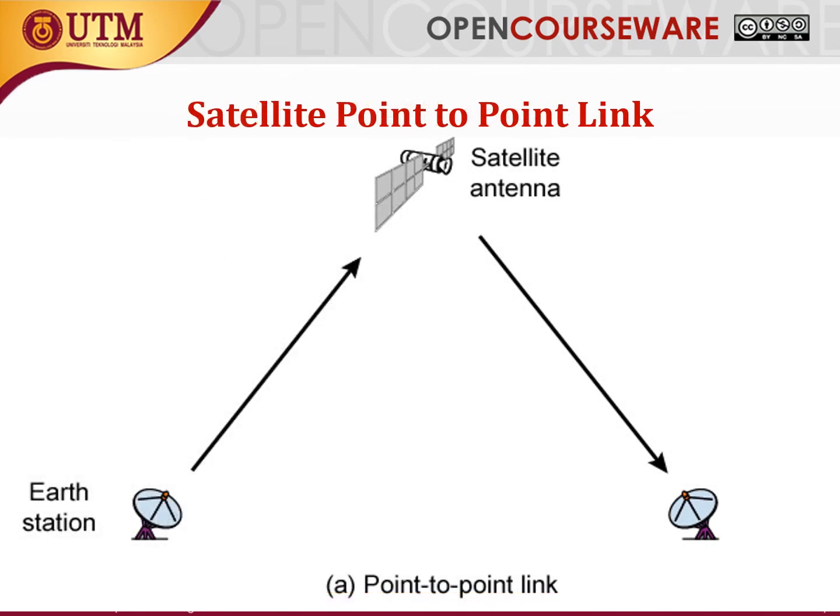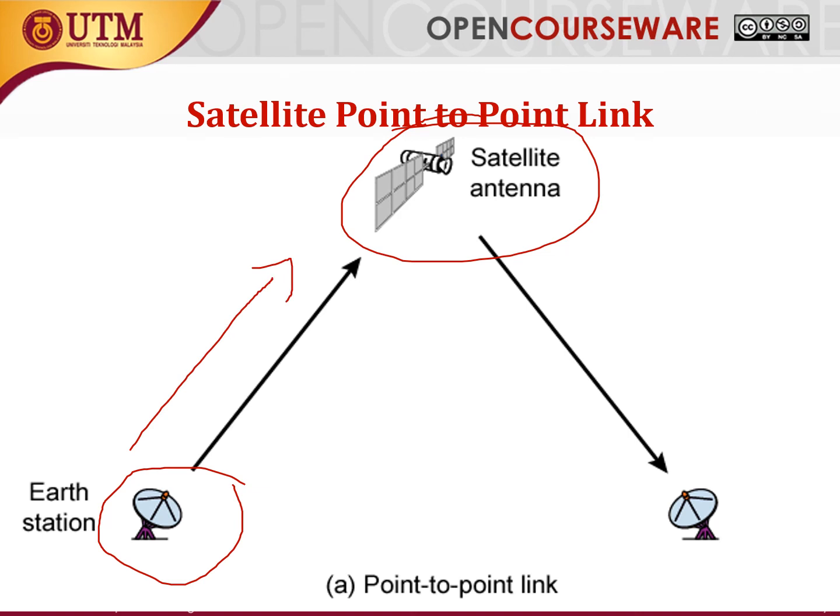And here is an example of the satellite point-to-point link. As we can see here, we have the Earth station and then the satellite antenna itself. This is point A to point B, and then it sends the information back to the receiver.